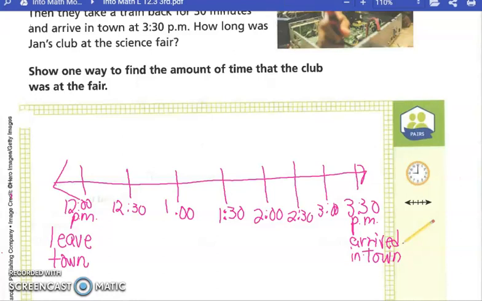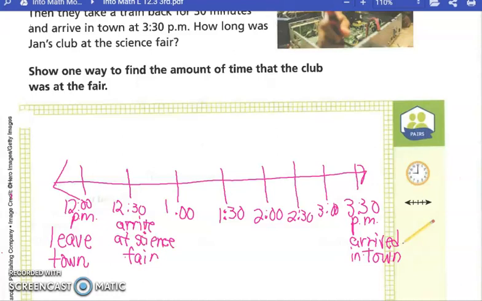So 12:30 is travel time. So this one is when they arrived at the science fair. So at 12:30 they arrived at the science fair.